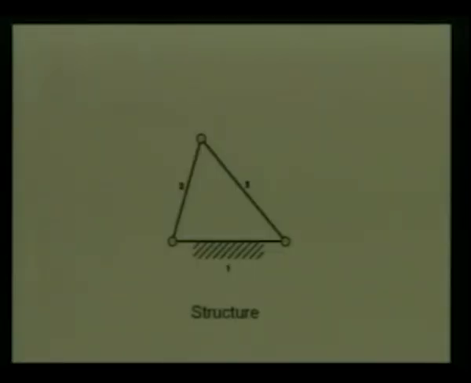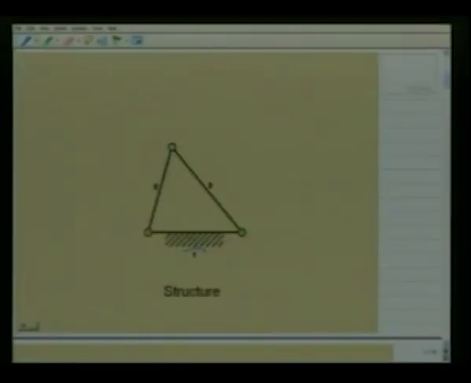In the next figure, we shall see a three-link closed chain with three revolute pairs. In such a three-link closed chain, it is obvious that if one of the links, say number 1, is held fixed, then there cannot be any relative movement between these three bodies.